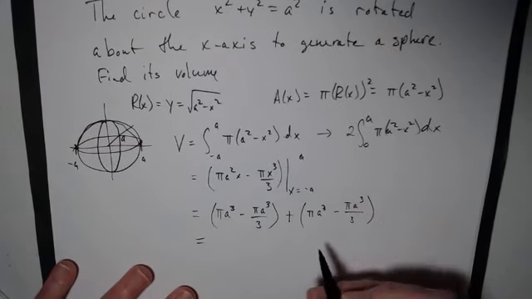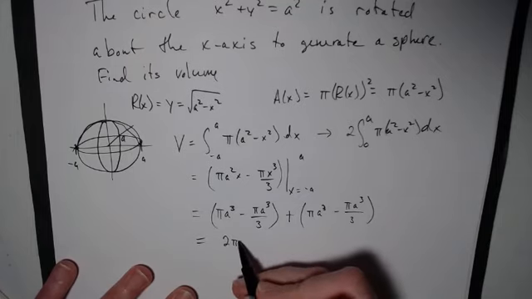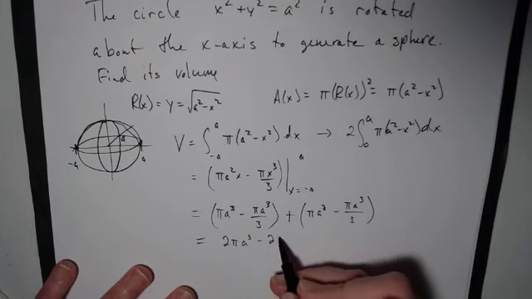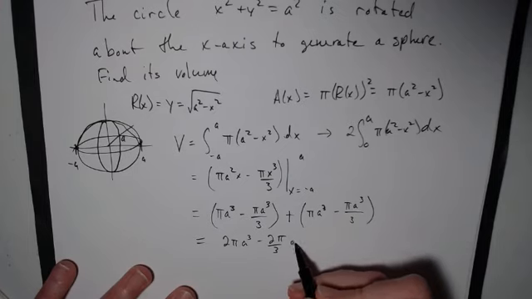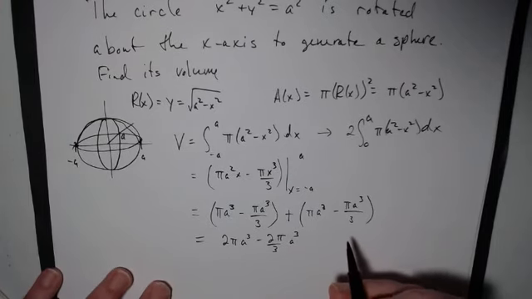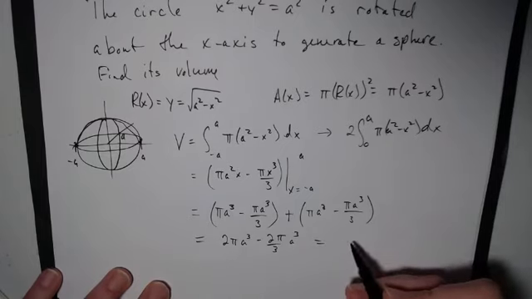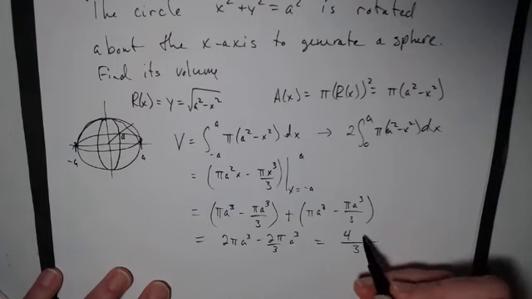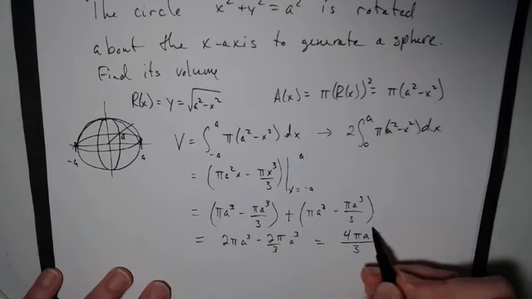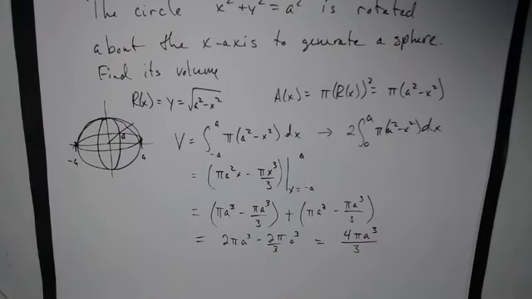So that's going to be 2 pi a cubed minus 2 pi over 3 a cubed. 2 minus 2/3 is 4/3. So 4/3 pi a cubed, which, you can verify it, I think it's in our books, in the front or back of our book somewhere, is the formula for the volume of a sphere.